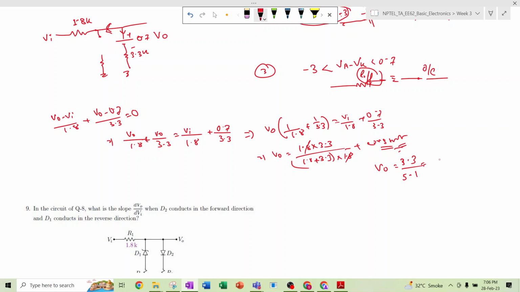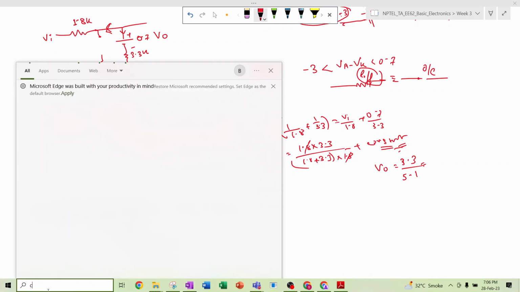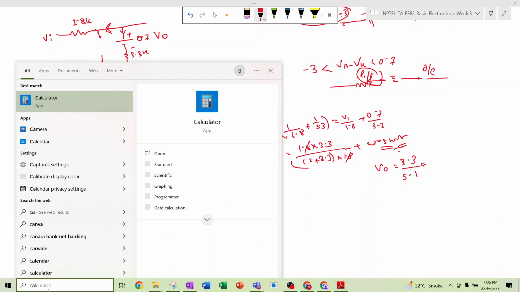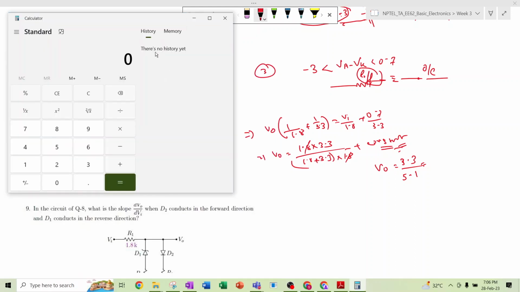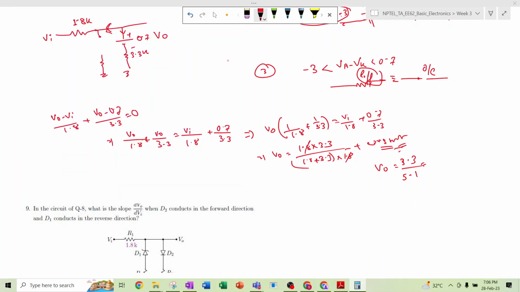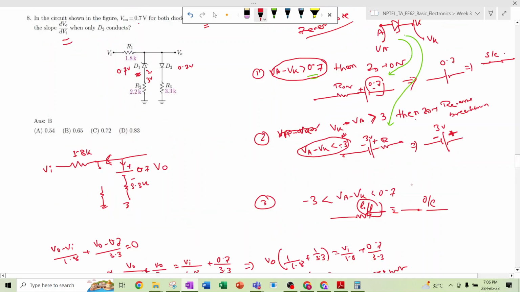So 3.3 divided by 5.1, how much is it coming? 0.647, or 0.65. So the correct answer will be 0.65.